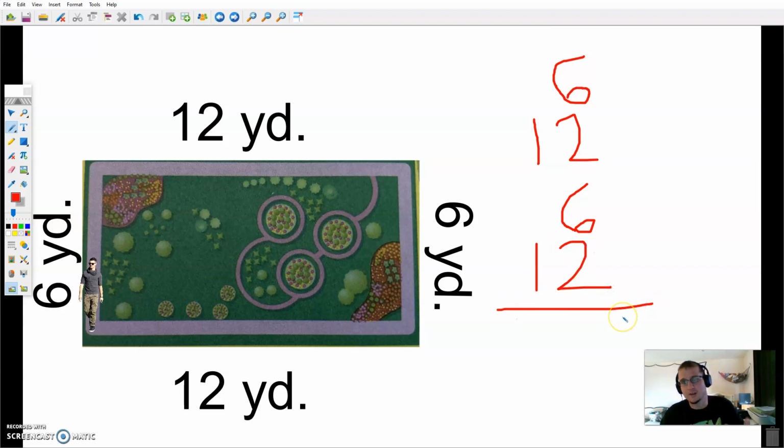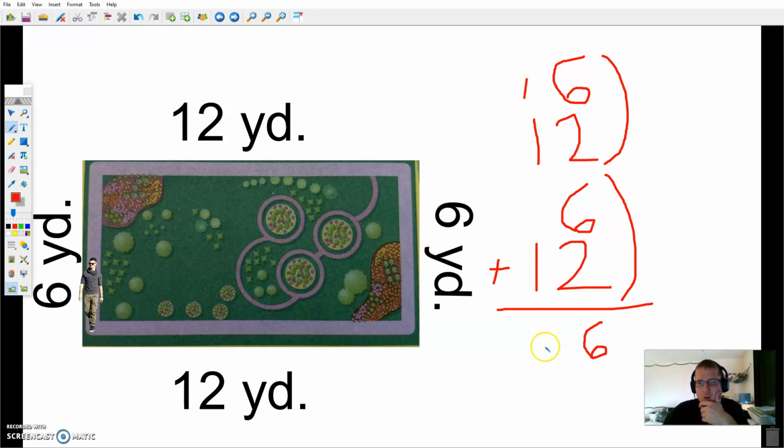So how far did Berto walk total? For one trip around the park, we're going to add all of that together. Well, 6 and 2 is 8, and 8 and 8 is 16, so we put a 6 and carry our 1, and 1, 2, 3. Berto walked 36 yards to go around the park. That is the perimeter of that rectangle. 6 plus 12 plus 6 plus 12.